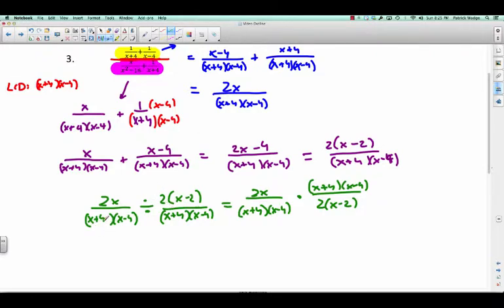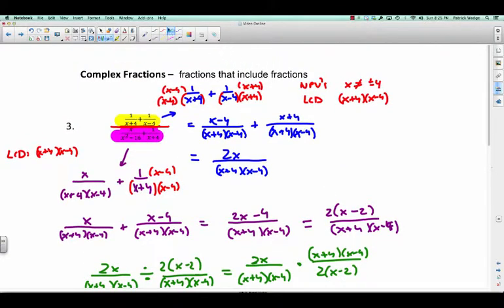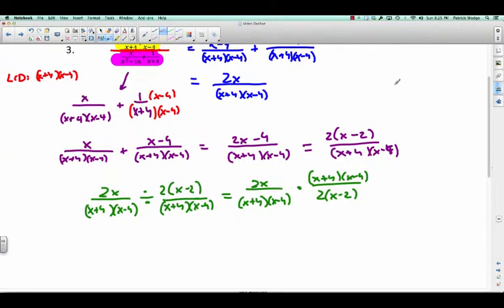So this is negative 4, got that one already. This is positive 4, this is negative 4, this is positive 4, negative 4, but look at here. This is 2. What would make that one equal 0? Well, nothing would ever make that equal 0. It's 2. But what would make this one equal 0? Positive 2. So you need to add one more MPV of 2. So I'll go back up here and I'll put 2. Right? Whenever you divide, you have to be careful because you get that extra denominator popping up.